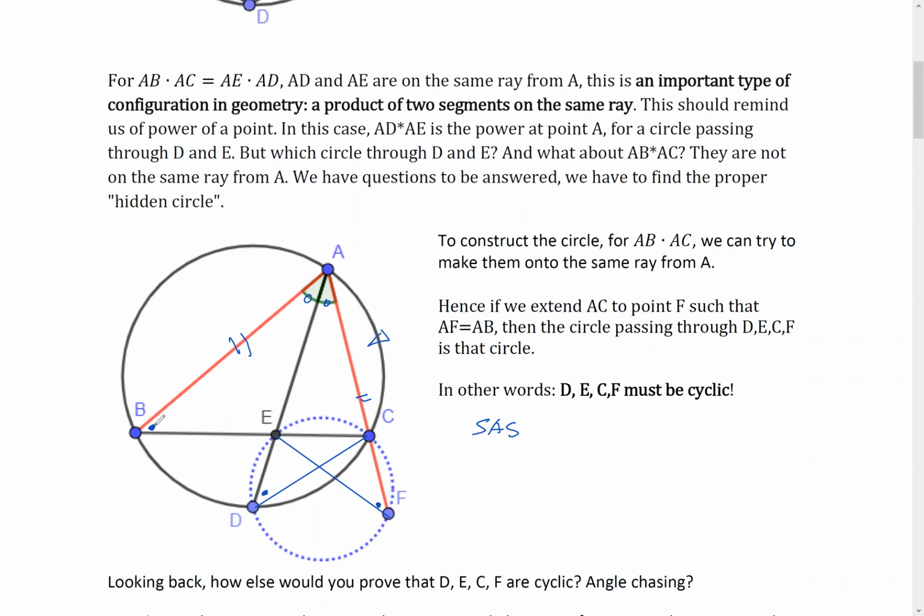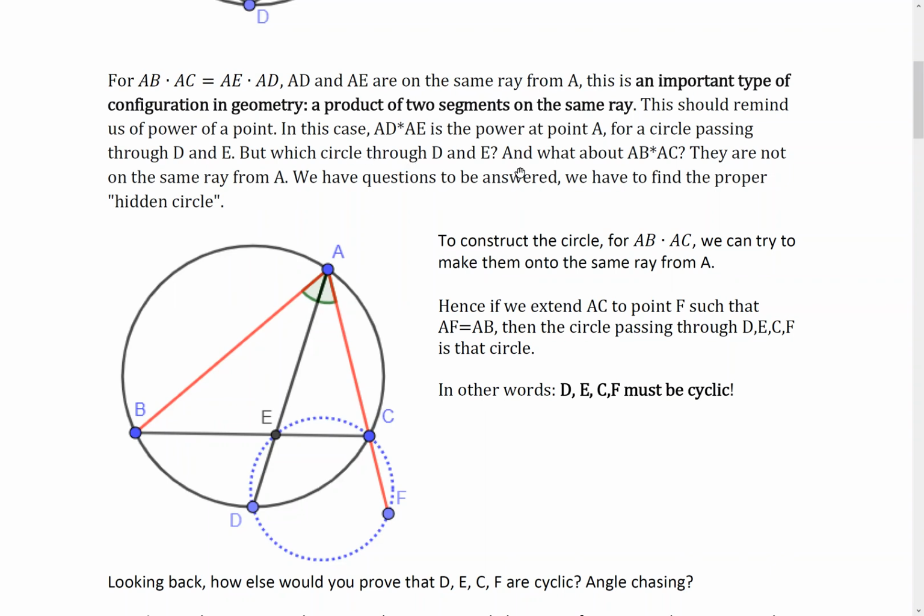AC's inscribed angle, this one or this one, they're the same. And so now we have this angle equal to this angle, and we're done, right? DECF is cyclic. That's nice. Interesting, right? Something you don't think about, but if you see a form that looks like possibly a power of a point, you should think about it.